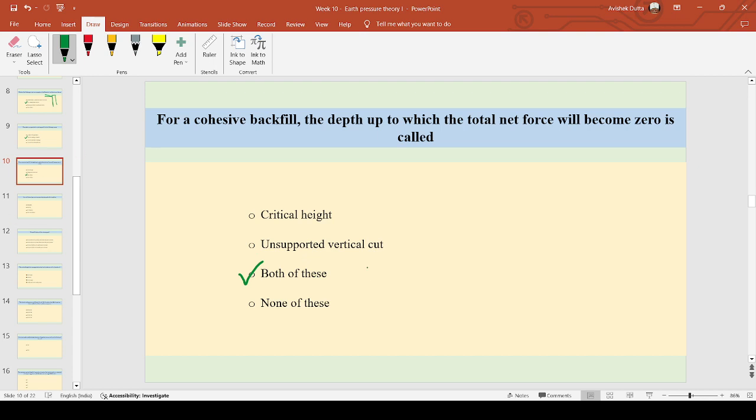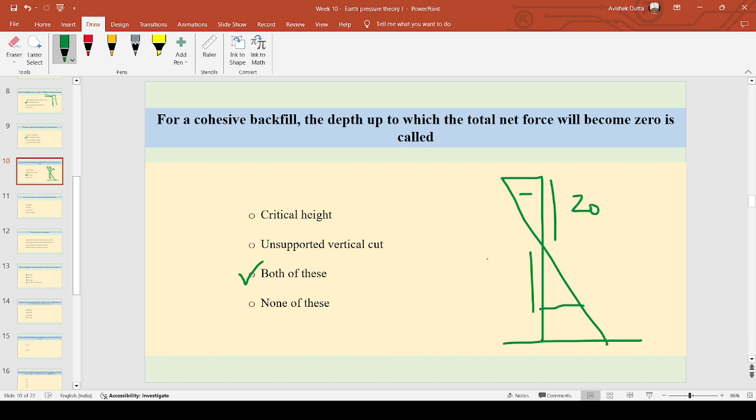So the depth up to which the total net force becomes zero. If this is the entire height of the retaining wall, here it is negative pressure. This is Z0, and this is also Z0.